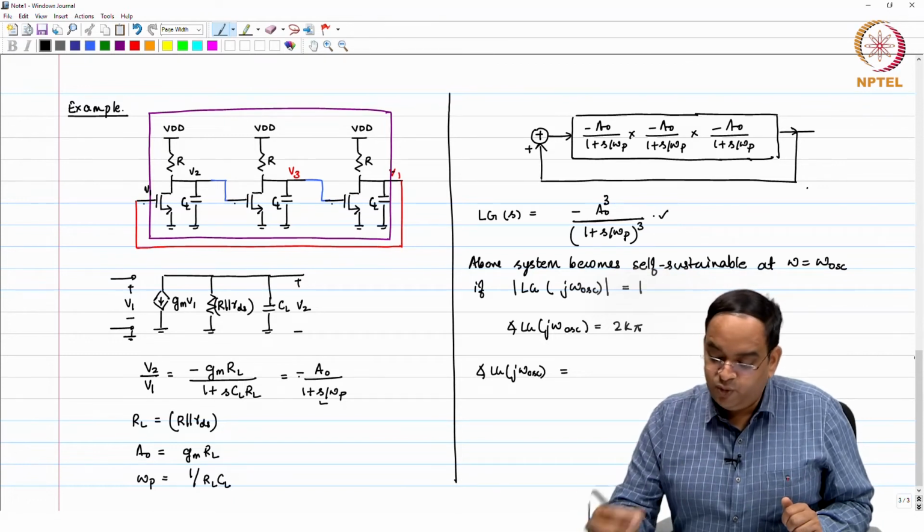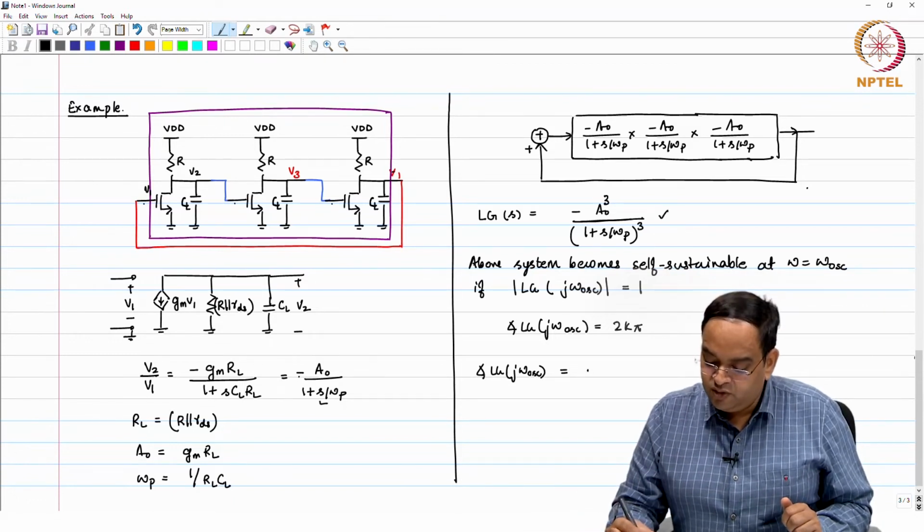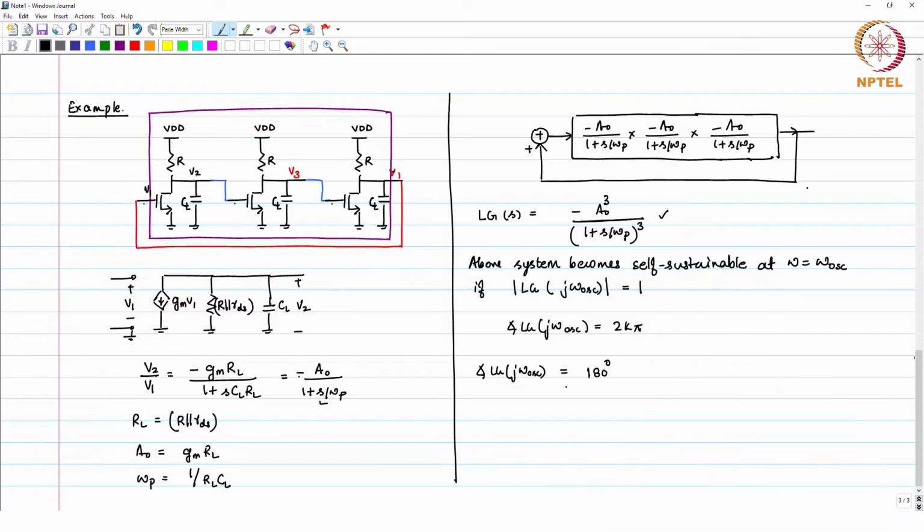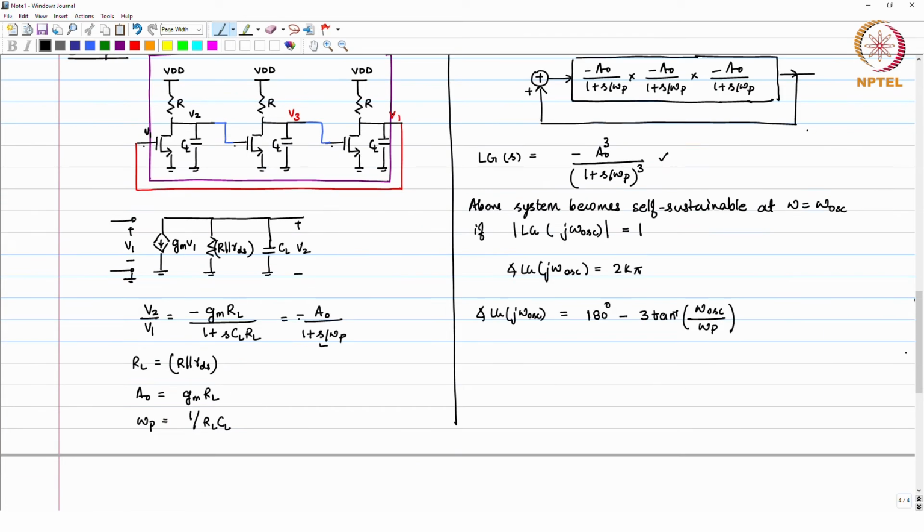So, you look at the loop gain. For the loop gain you get 180 degree here, then minus 3 times tan inverse of omega oscillation divided by omega p. And as per our Barkhausen criterion for oscillations, if and only if this is equal to 2k pi, where k goes from 0 to infinity, it can take any value, then you will see that this is going to have oscillation.